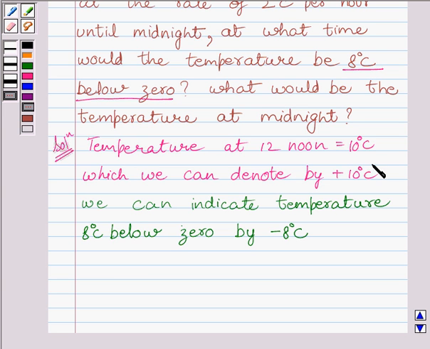Now we know initial temperature is equal to 10 degrees Celsius and final temperature is minus 8 degrees Celsius. So difference in two temperatures is equal to minus 8 degrees Celsius minus 10 degrees Celsius.